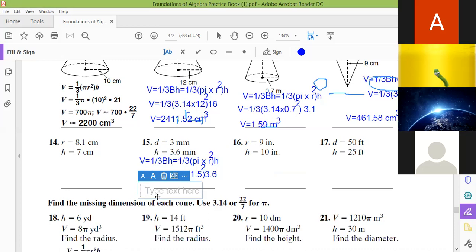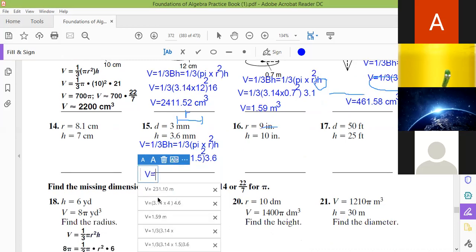V is equal to, tell me the answer. The answer is 8.478.